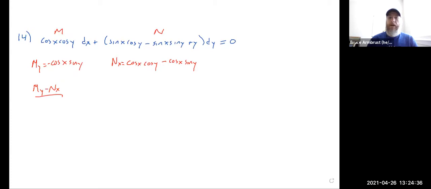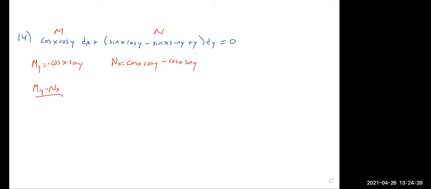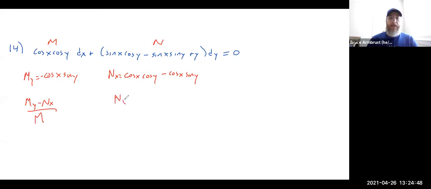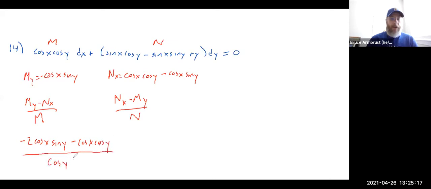Which one do we divide by there? N. Right? So for the M_y minus N_x, that one we actually divide by M. The other one is N_x minus M_y divided by N. So let's see what we get for these guys. So M_y minus N_x, if I subtract this, I get 2 minus 2 cosine of x sine of y minus cosine of x cosine of y. And we're going to divide that by cosine of x cosine of y.